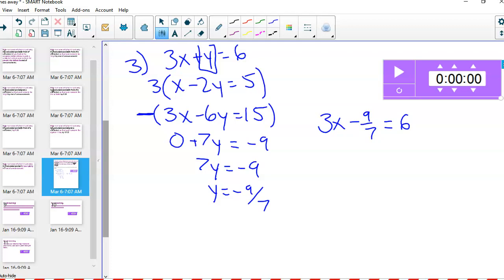And how would I solve for x? Add negative 9 on both sides. Negative 9 over 7. So in your calculator, go ahead and do that. 6 plus 9 over 7.